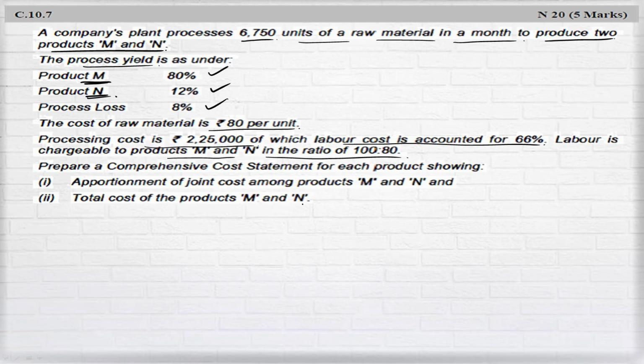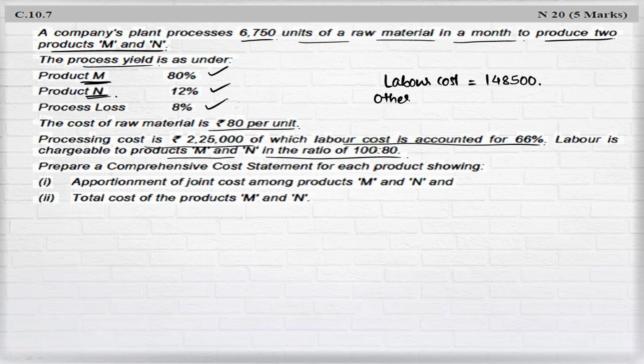I will be doing an income statement in a process, dividing a joint cost. First, let me find out the labor cost. Processing cost is 2,25,000, of which labor cost is 66%. 2,25,000 into 66% is 1,48,500.